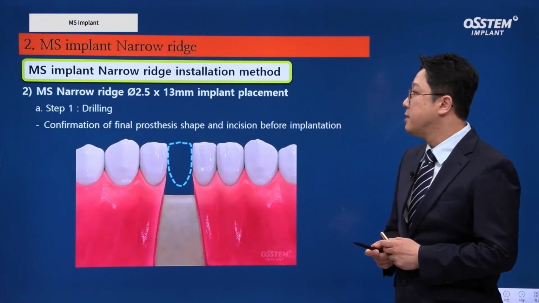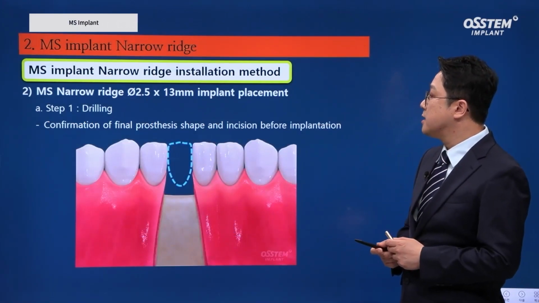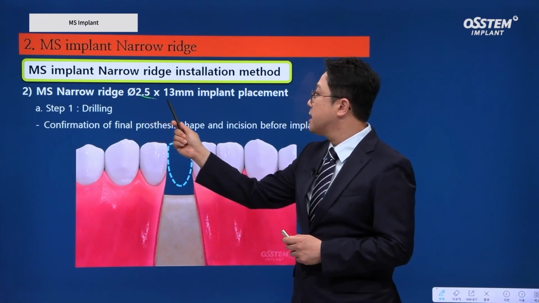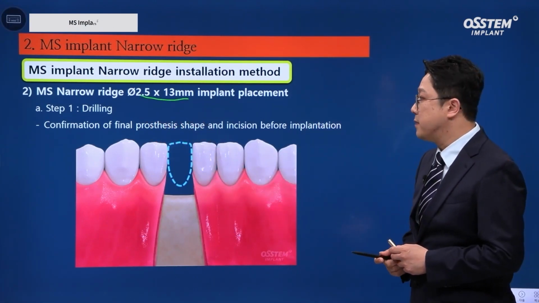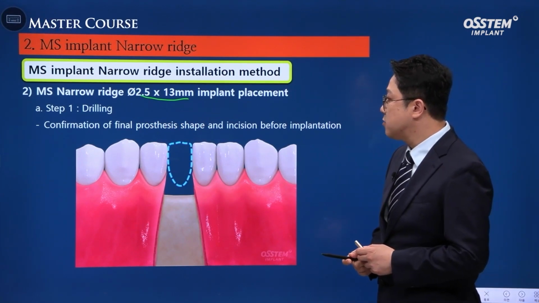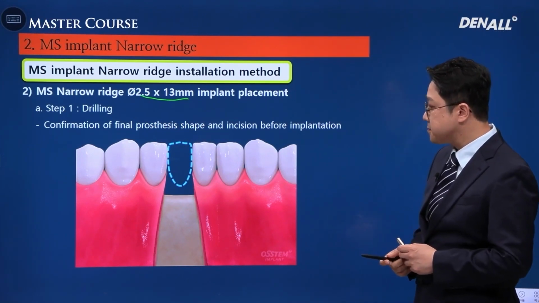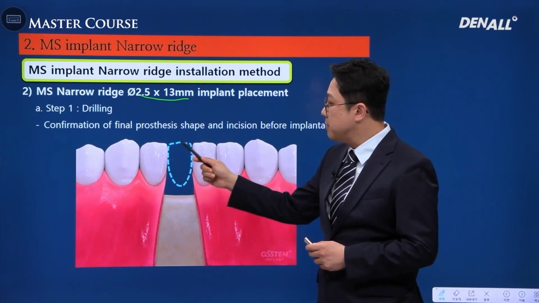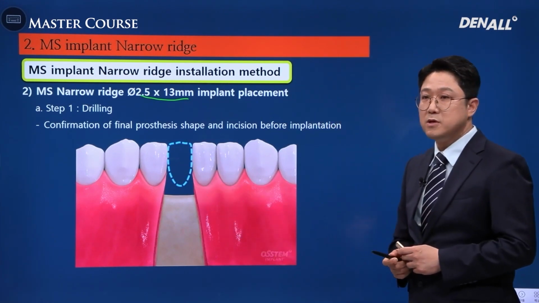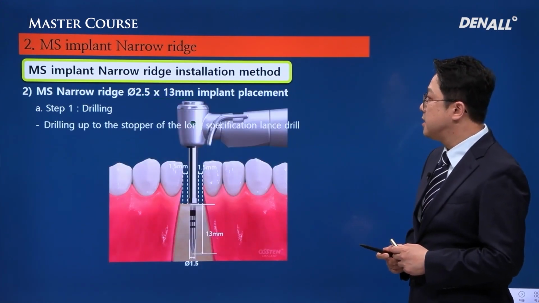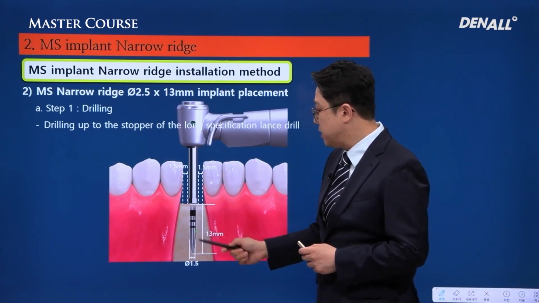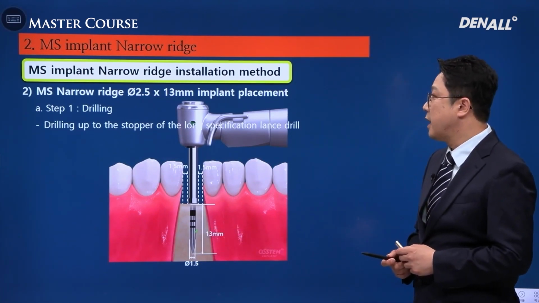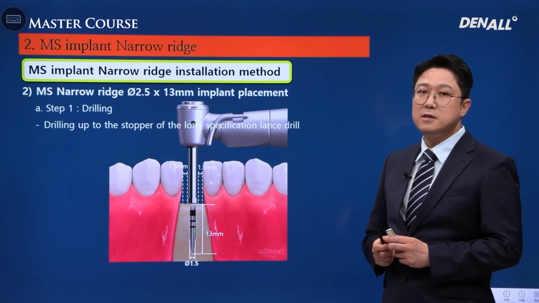Let me talk about how I place MS narrow ridge implant, 2.5 by 13 millimeter implant. This is drilling process. Before drilling, I design the final prosthesis and put that in my head, and I start drilling. When I drill, I use lance drill first. Not a lot of drilling is involved in placing MS implant.